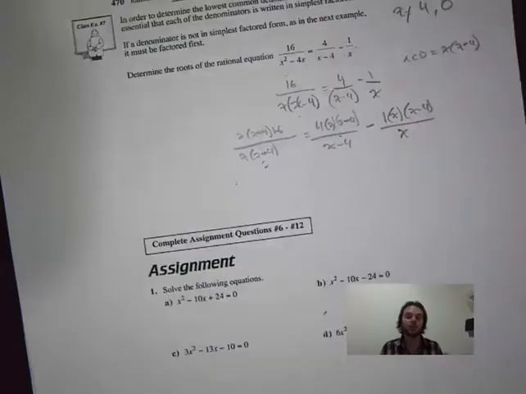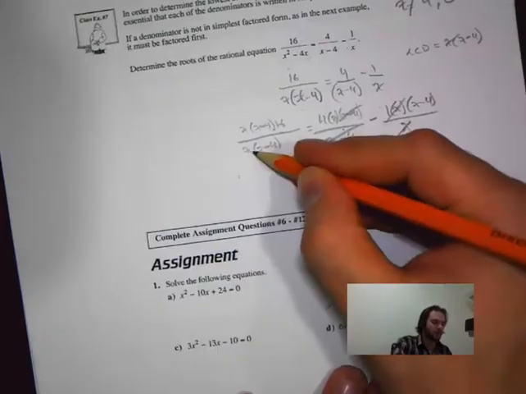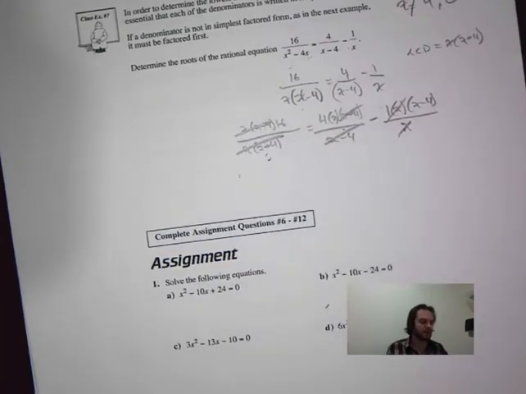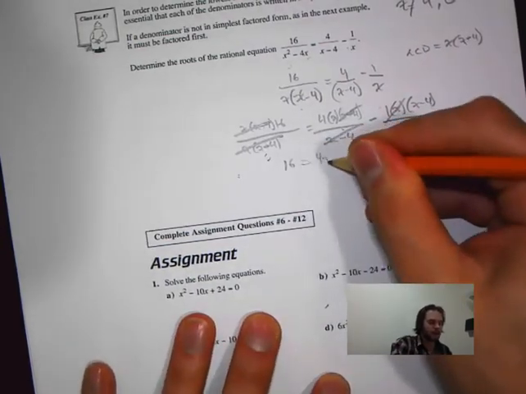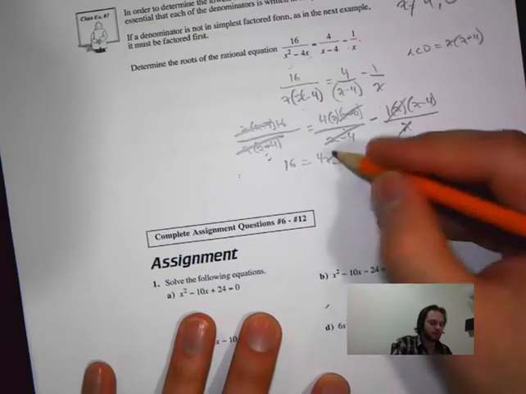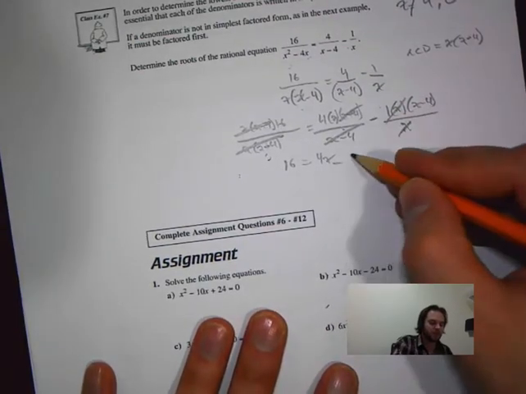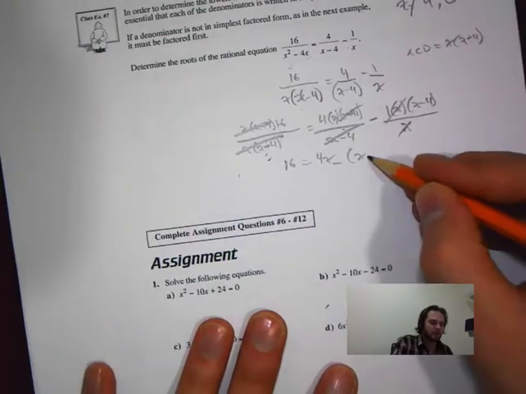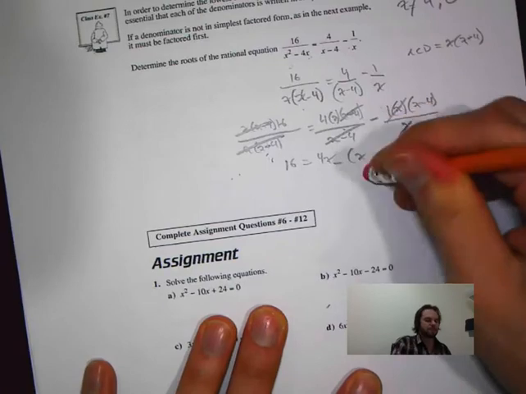Okay, so let's cancel off what we can. This and this is gone, this and this is gone, this is gone with all of that. Okay, so I'm left with 16 is equal to 4x minus all of this, x subtract 4.